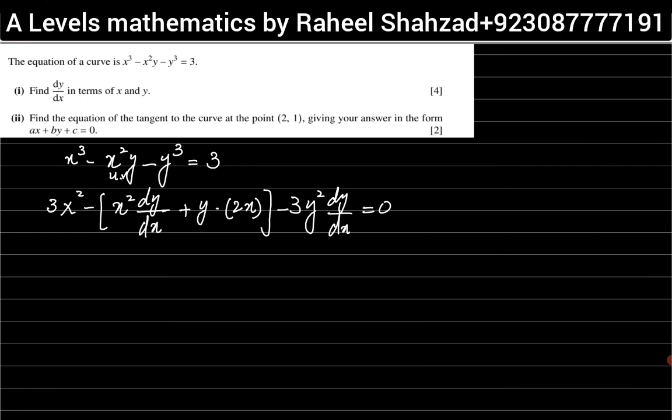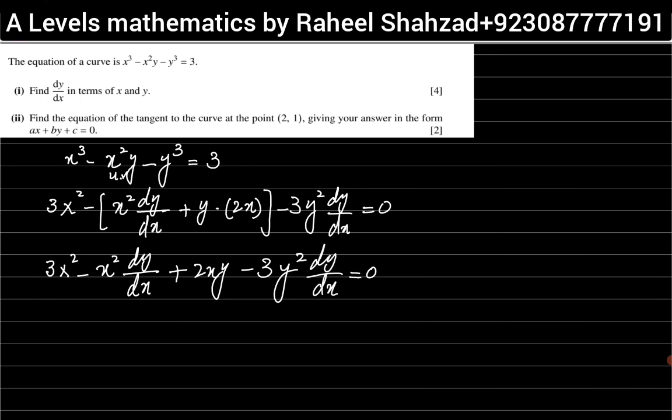And now again we are going to rearrange it for dy by dx. So that will be 3x square minus x square dy by dx plus 2xy minus 3y square dy by dx is equal to 0. Now what you need to do is rearrange for dy by dx.